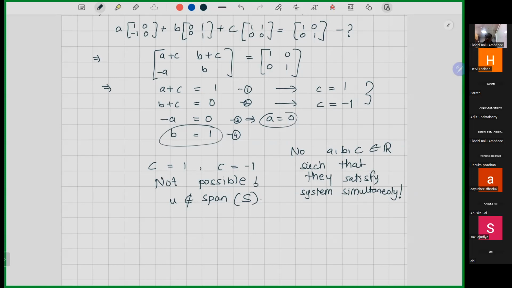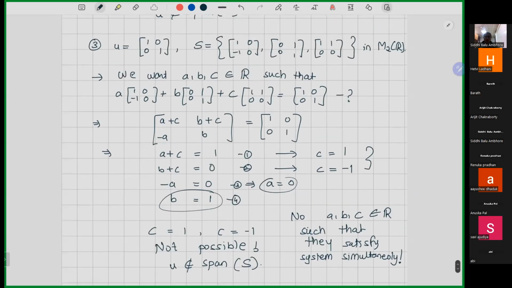Because from these equations we are clearly getting A is 0, B is 1, but when we try to find the value of C using A and B, we are getting two different values. So no solution for this system of equations, which implies that we do not have any scalars from R such that their linear combination with S will give us the required matrix U here. Okay, so any doubt in this question?